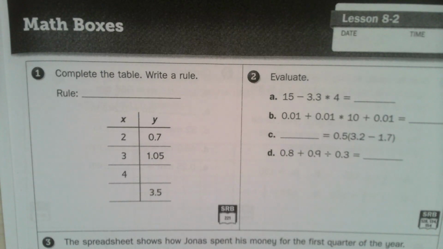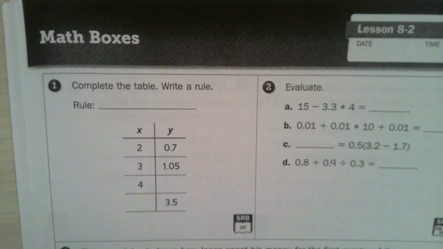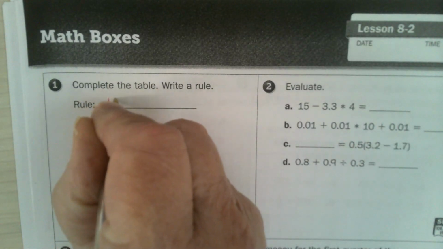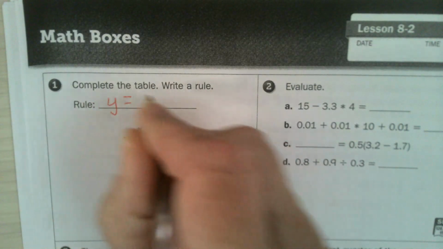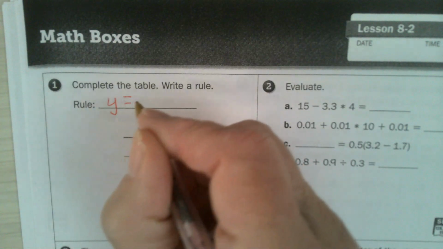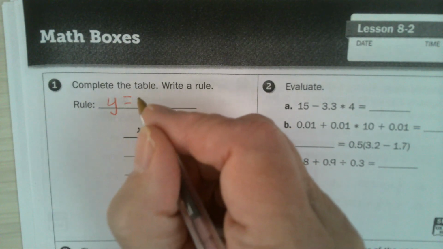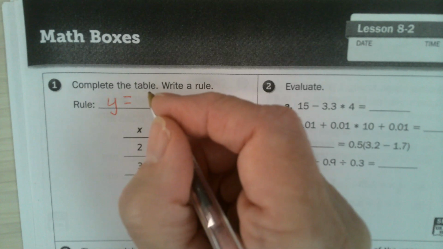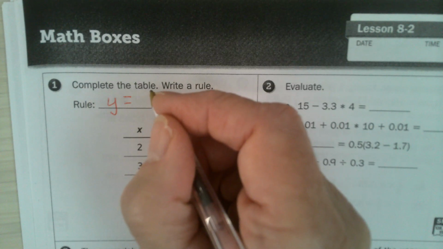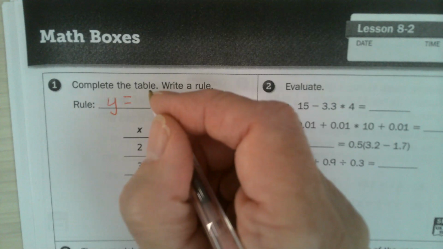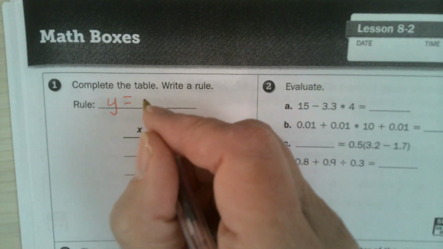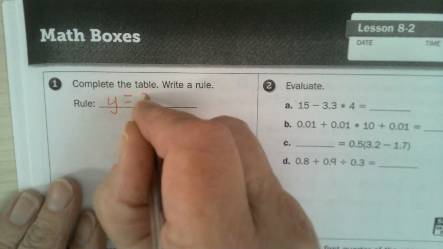Usually you add, subtract, multiply, or divide. In this one here, the rule is you're multiplying. So to get the answer in here, everyone should write this rule down. Y, how do you get Y? Y equals X times 0.35.